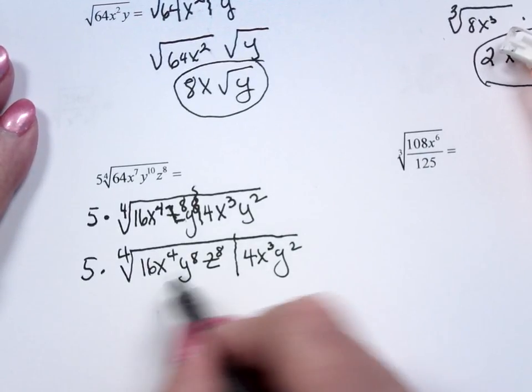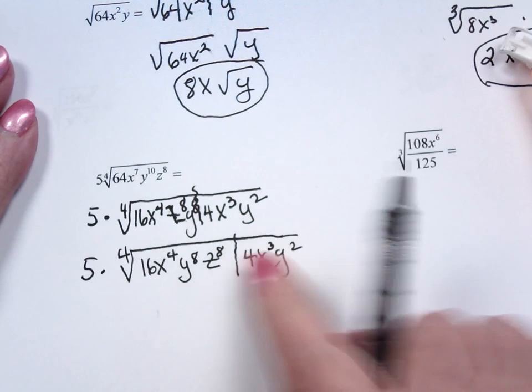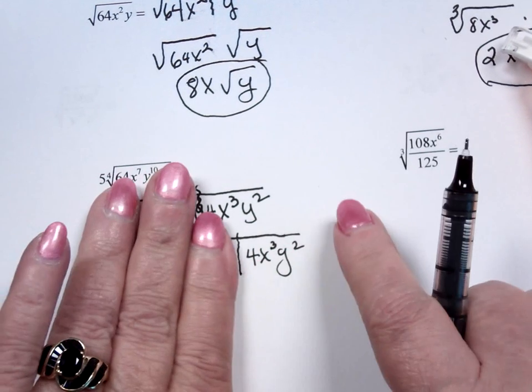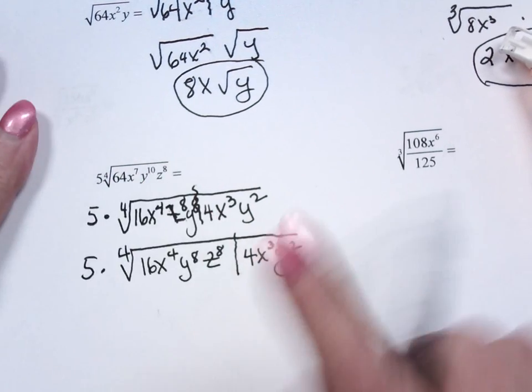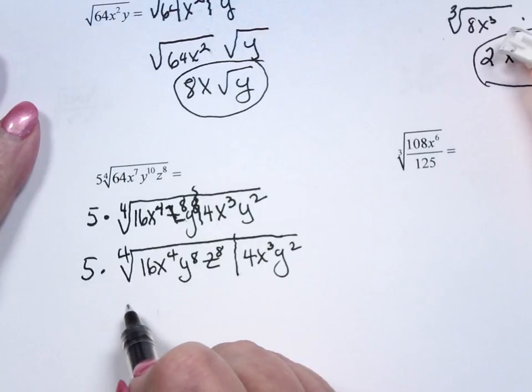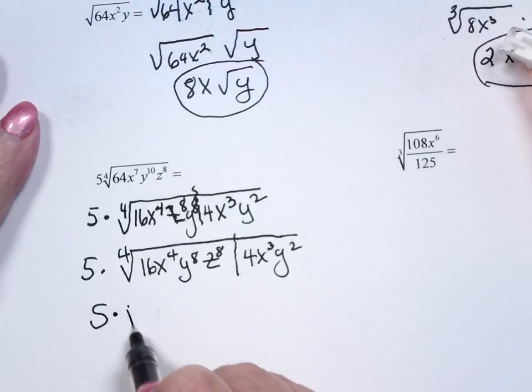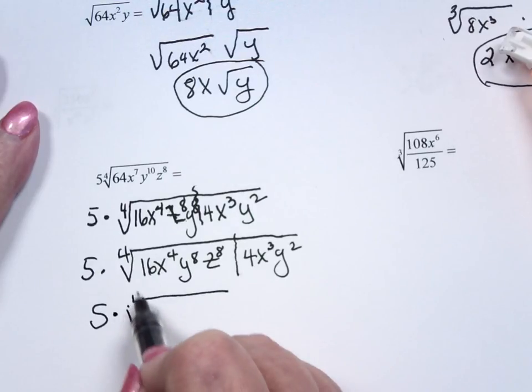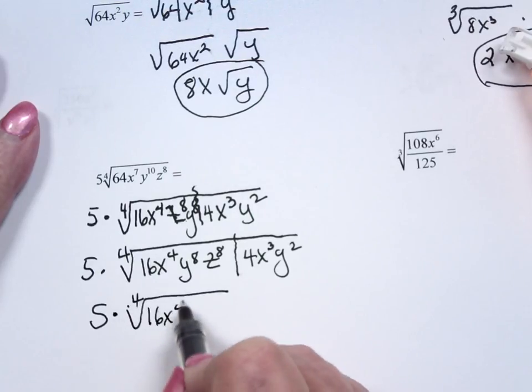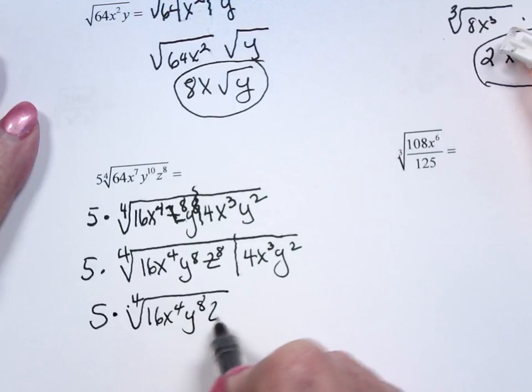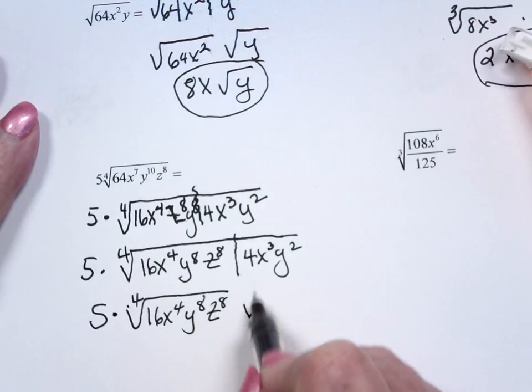So now, in my mind, I'm pushing this radical back and then it hits the wall, because that's what's going to be left under the radical. So, product rule for radicals, it's 5 times, I don't want to lose that 5, the fourth root of 16x to the fourth. Again, you do not need to put this step in if you don't have to. There's the break point.